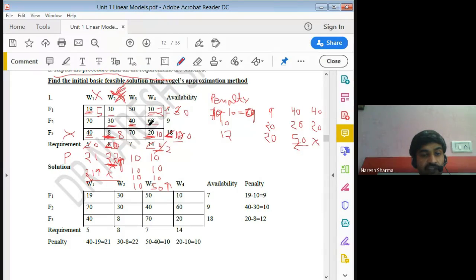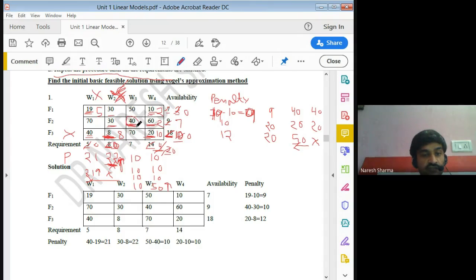Now we have only one location available in this fourth column. Corresponding to this, the requirement is 2 and availability is 9. So we write the minimum value, which is 2 here. So this becomes 0. This becomes 7. So in the corresponding row we are also left with only this cost.